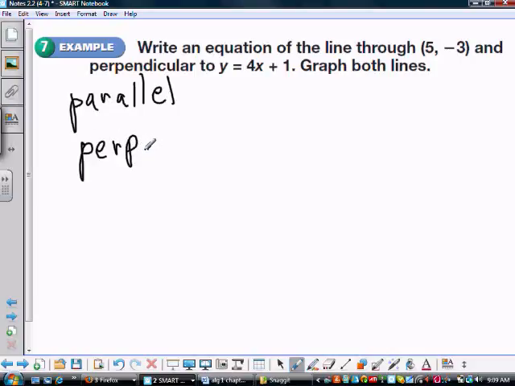And what do I know about slopes of parallel lines? Yes, Carlos. So for the perpendicular line, the slope is the opposite reciprocal.